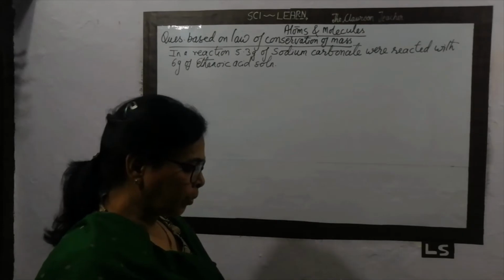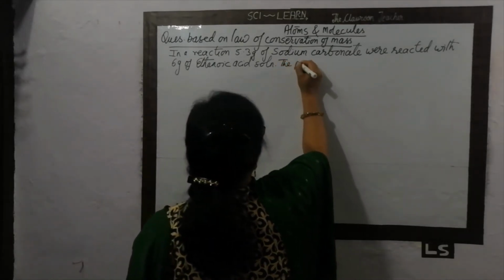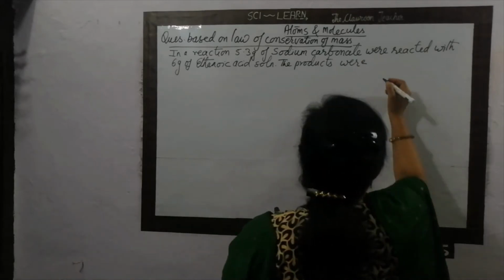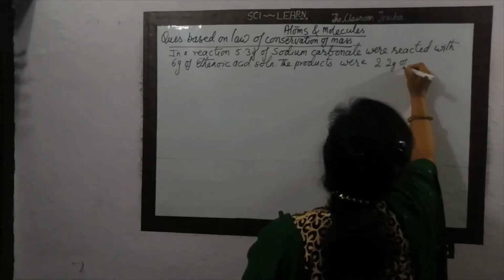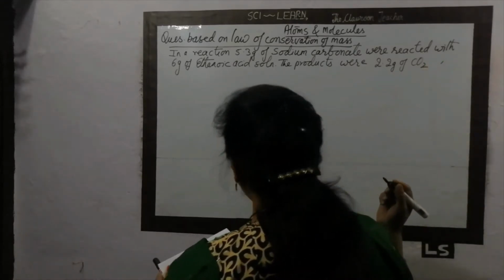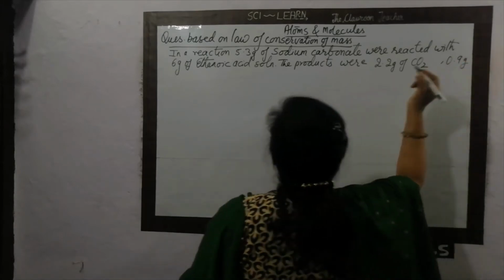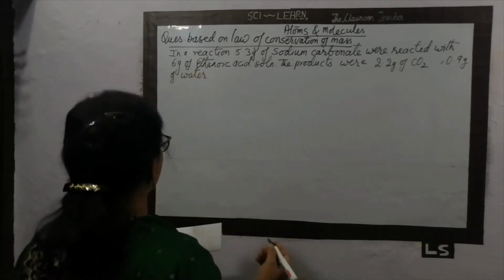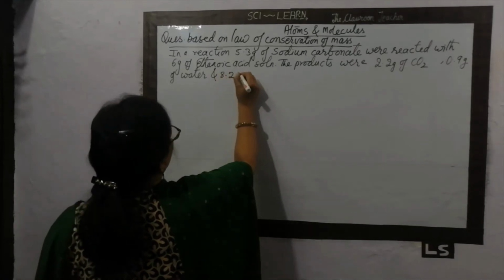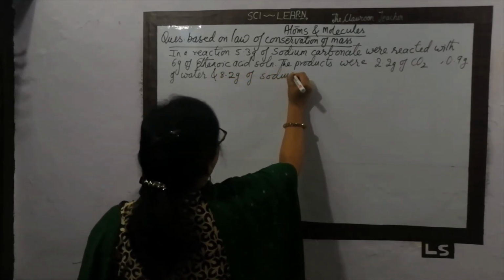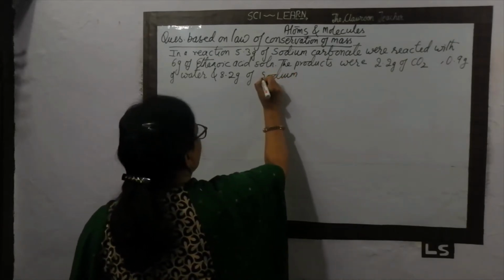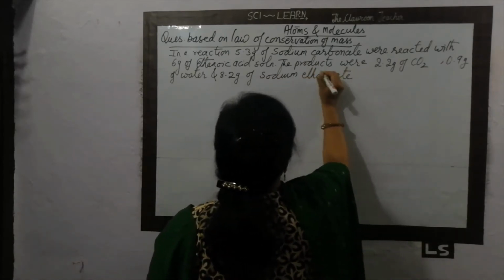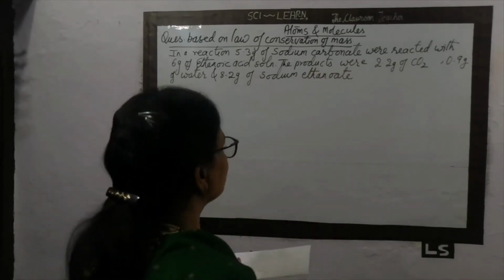The products were 2.2 gram of carbon dioxide, 0.9 gram of water, and 8.2 gram of sodium ethanoate solution.